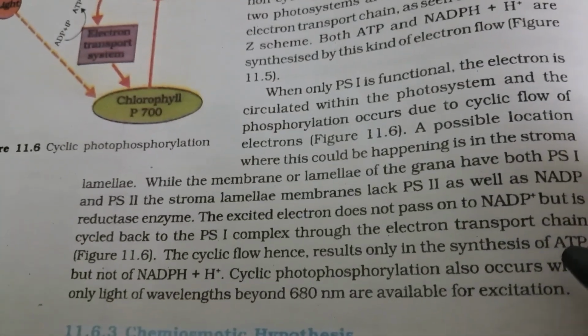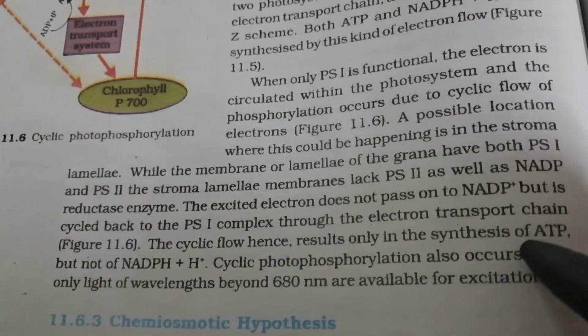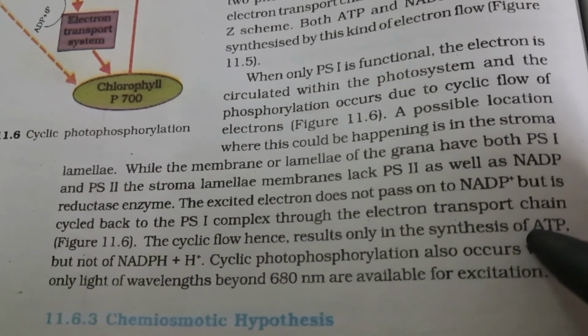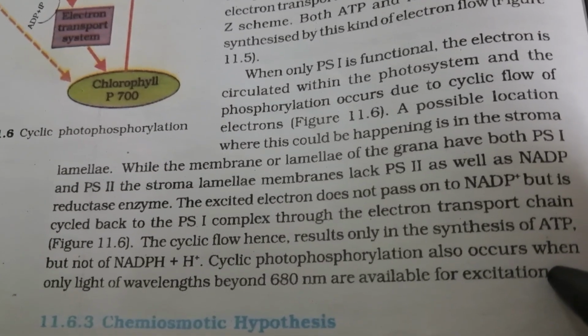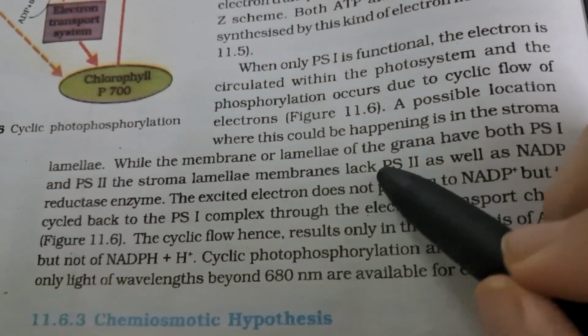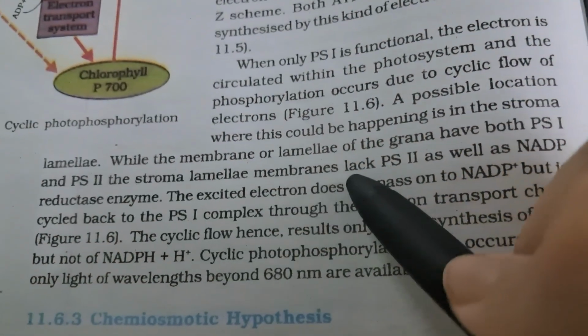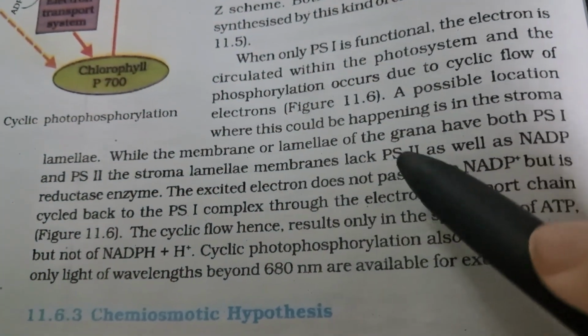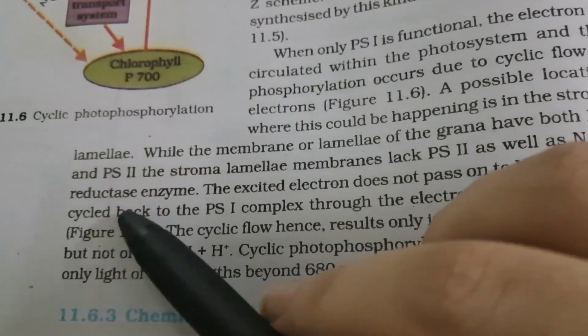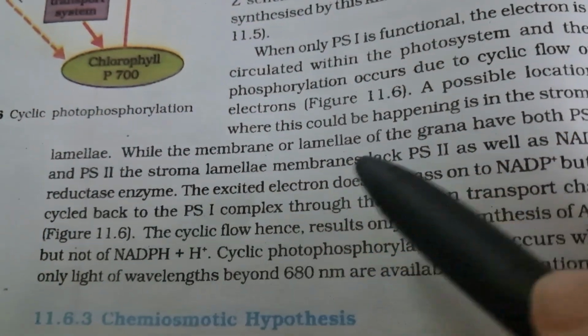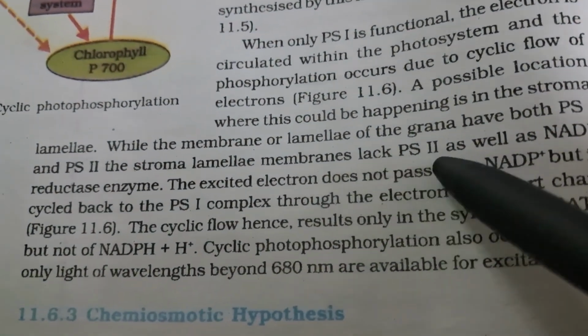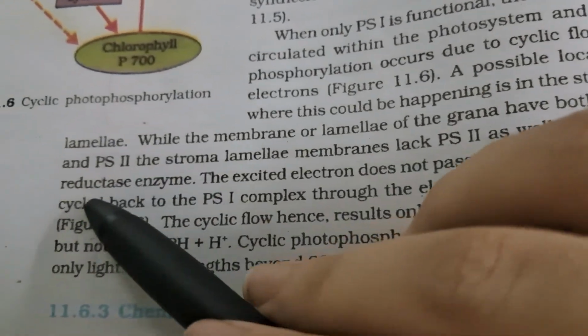Here you can see, stroma lamella membrane lacks PS2, the first thing, and the second thing, NADP reductase enzyme.